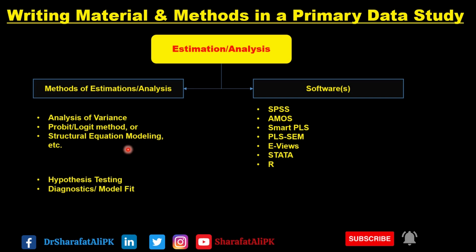The author should provide details about the hypothesis testing and diagnostics for the confirmation of model fit. Moreover, the author should also describe the software or group of software used for the estimations or analysis. Generally, SPSS, AMOS, SmartPLS, PLS-SEM, Stata, EViews or R software are used for the analysis.